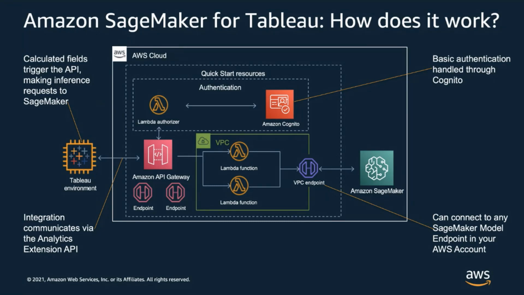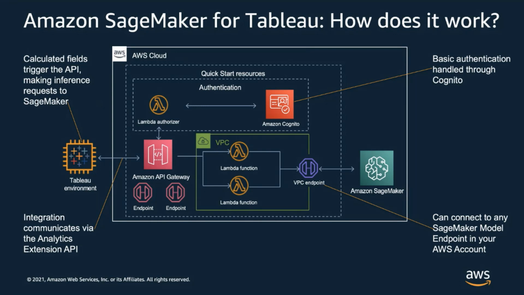And from there, the data will be sent into a suite of resources that create the integration and produce inference results from Amazon SageMaker. If you look at the architecture diagram here, everything contained in the Quick Start Resources pane is going to be the primary API using the Analytics Extension API framework that powers the integration.